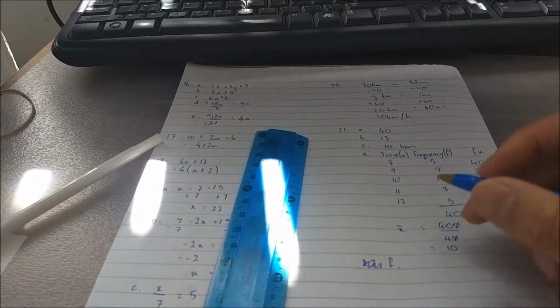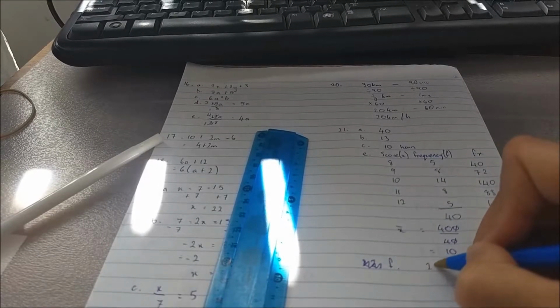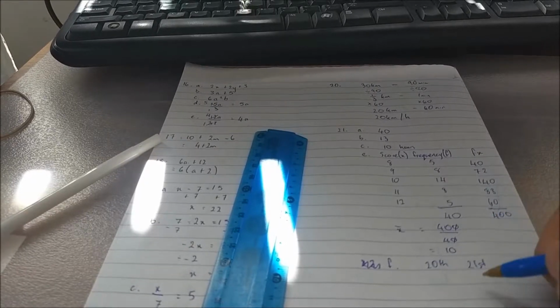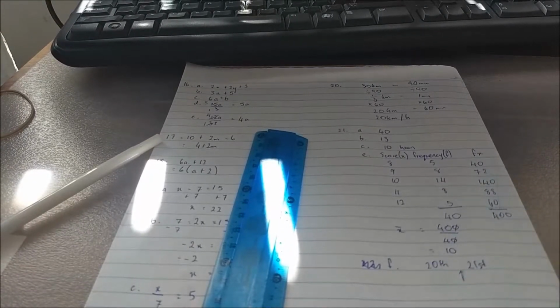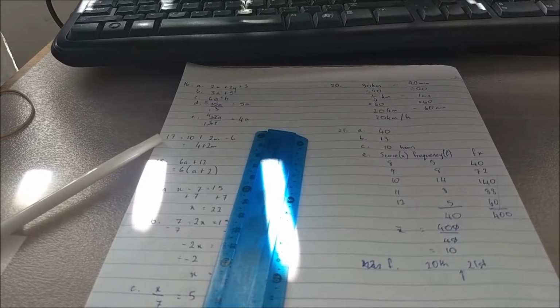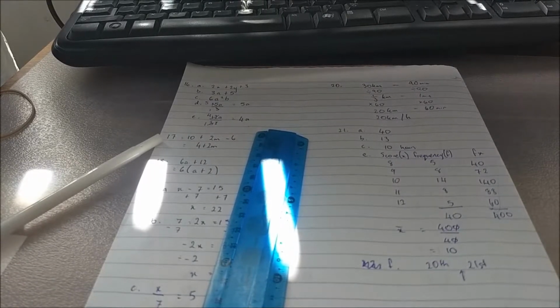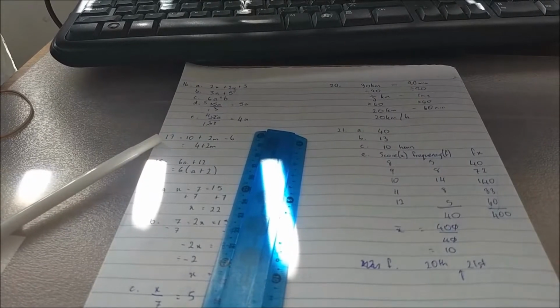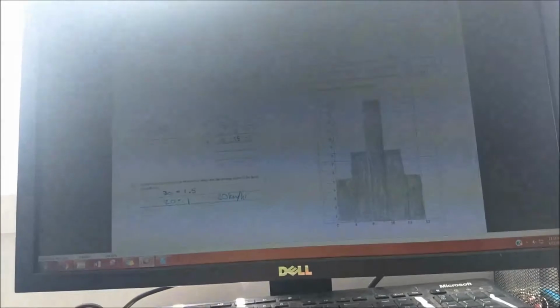So that means the median is going to be between the 20th score and the 21st score. So it's going to be halfway between here and here. Because median means middle, right?